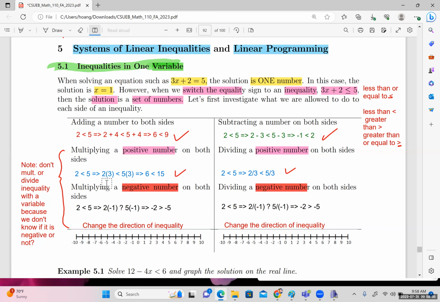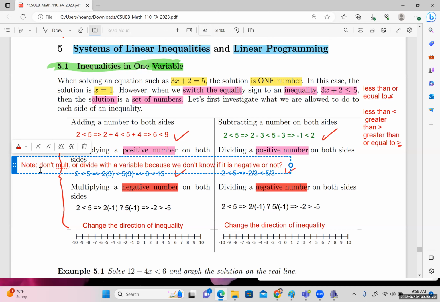So if you have inequalities, don't multiply or divide both sides of the inequality by a variable. Let me put that here.